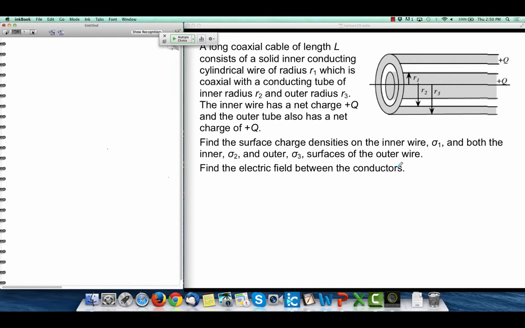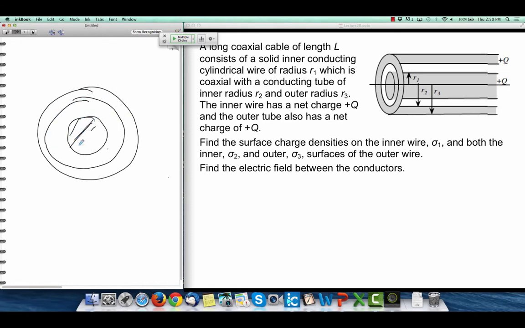So in cross-section, it looks something like this.